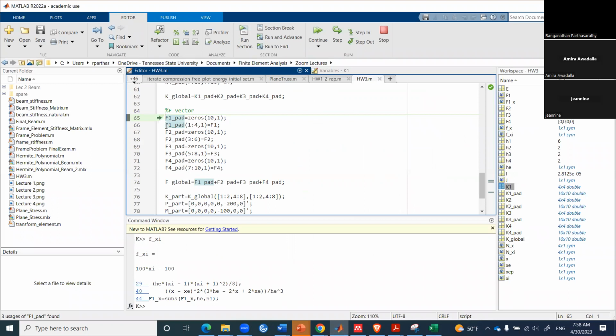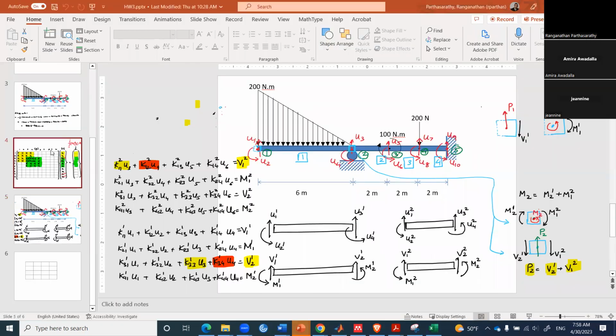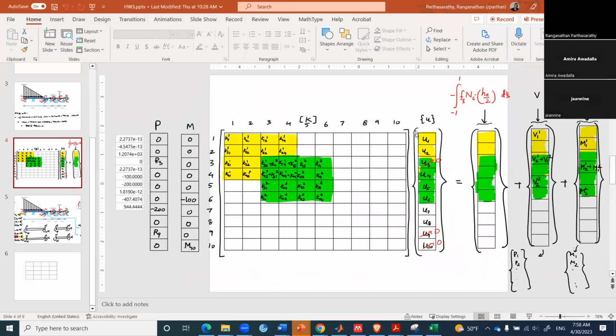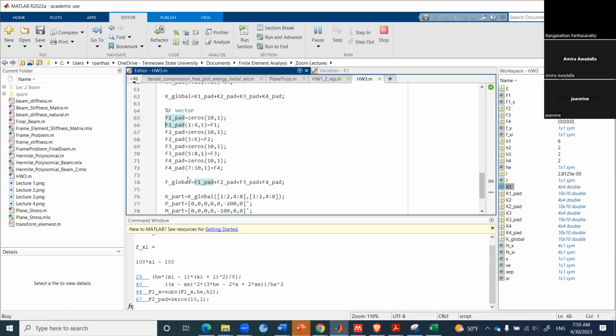So for the first one, f1 will fit into 1, 2, 3, 4. The f for the second element will fit into 3, 4, 5, 6. F for the third element into 5, 6, 7, 8, and so on, right? Right. Okay, so that's what we did over here. So then you have your F global.